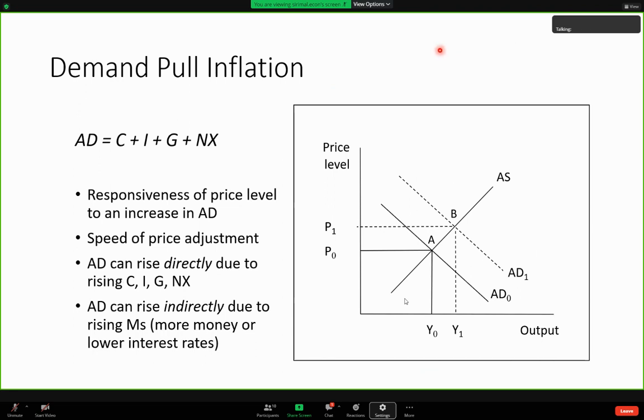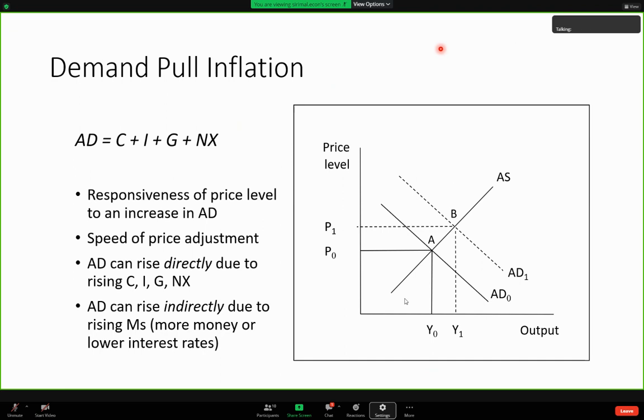Okay, so my last two points are about inflation. There are two concepts coming from this macroeconomic analysis about inflation. One is called demand pull inflation.